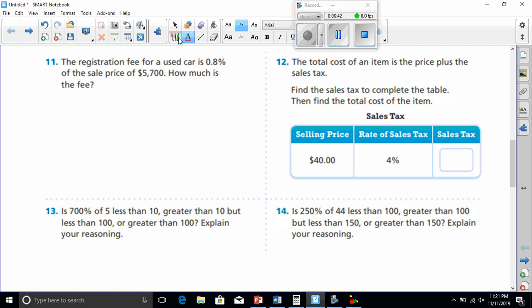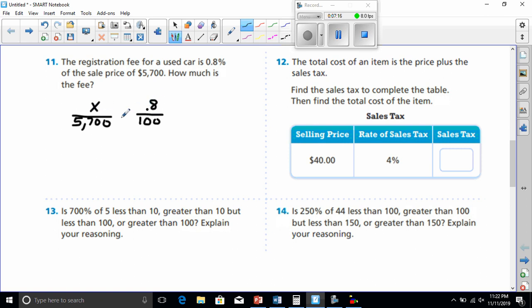So once again, we can set this up realizing that the sale price is $5,700. That's 100% of the sale price of the vehicle. Of that, 0.8% is the registration fee, and so we need to know how much is the registration fee.